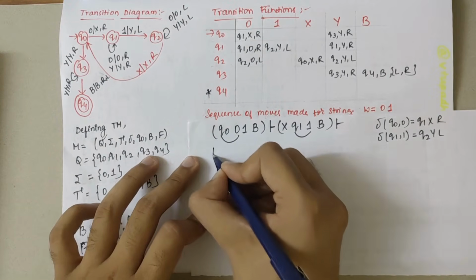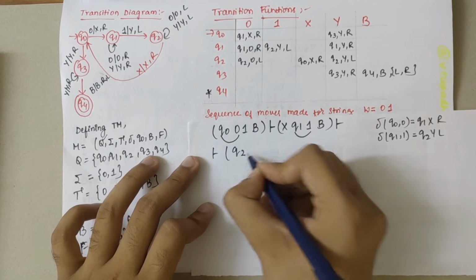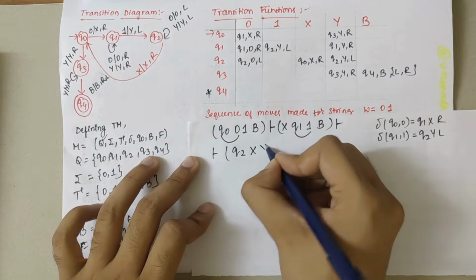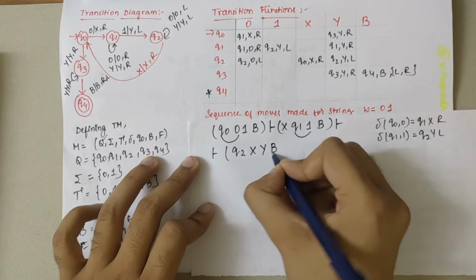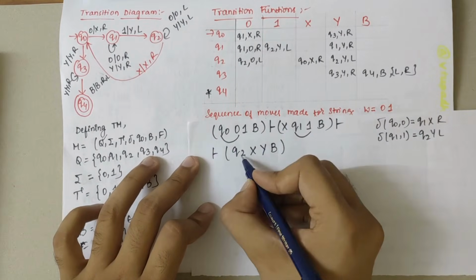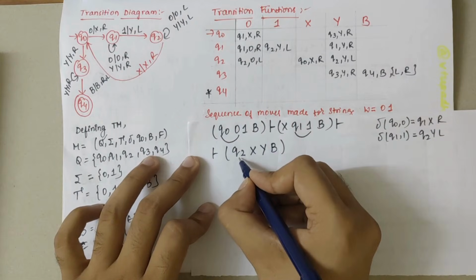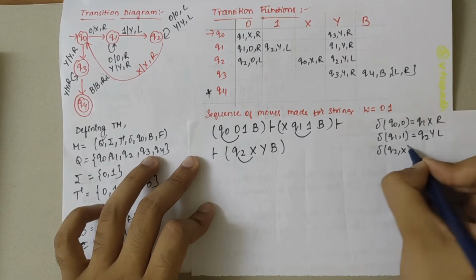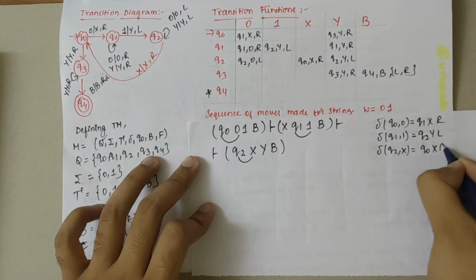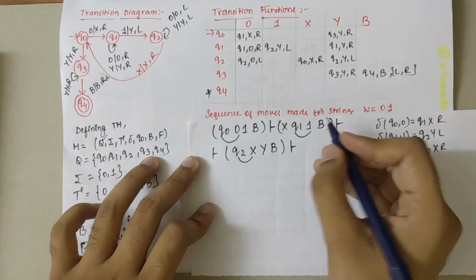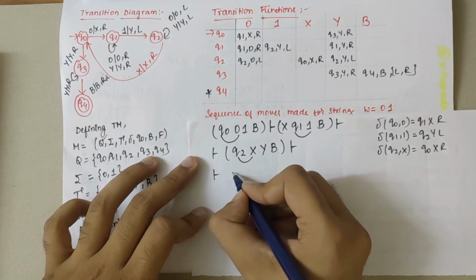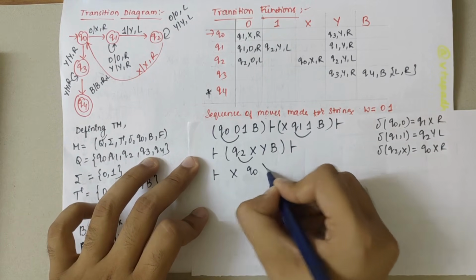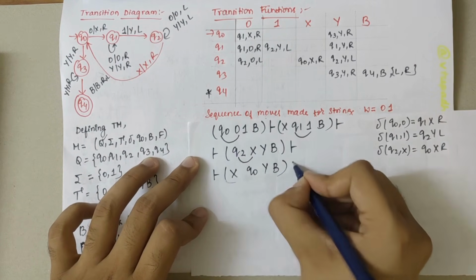I write Q2, X will remain as it is, 1 changed to Y, and B. Now 0 1 is done. Now I'll start with Q2 and X. Transition of Q2 and X I get Q naught, X and R. So I can write it as X, Q naught, Y and B.